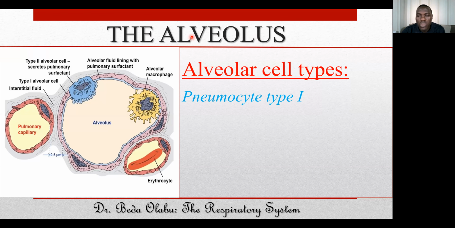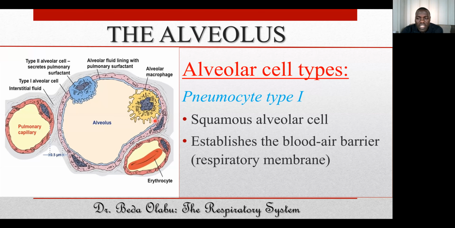We have what we call pneumocyte type 1. Pneumocyte type 1 is a squamous alveolar cell. This is the pneumocyte type 1. Squamous means flat. So this is one, this is another one. It's flat, and that's why even if there are only two here, they occupy a very big surface area compared to the rest, because they are flattened out.